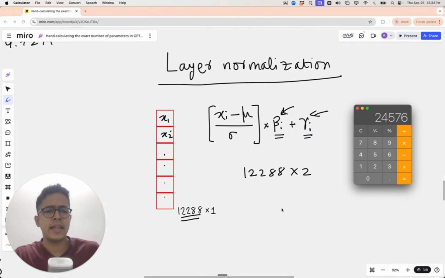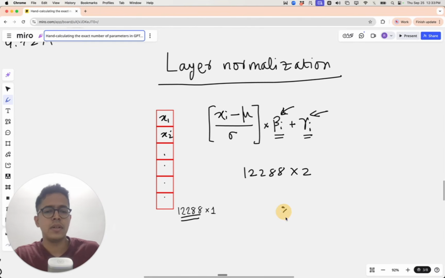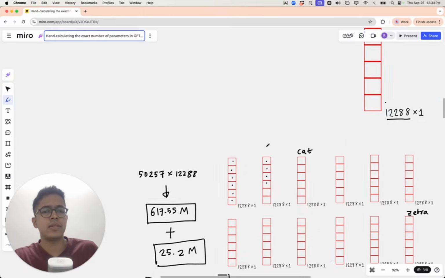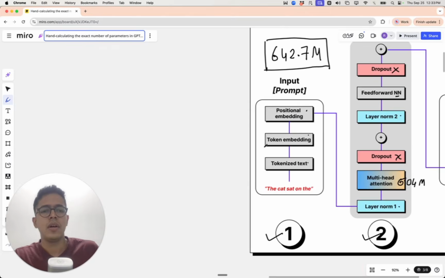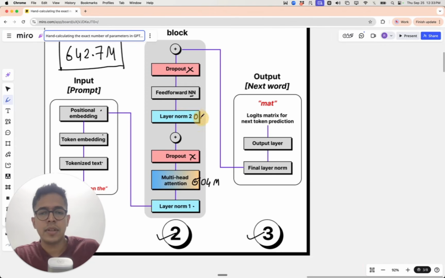In millions, we can express this as 0.024 million. That many parameters in each of these layer normalizations. So let's go back and draw. So this will have 0.024 million. This will also have 0.024 million. Okay. So these three are done.